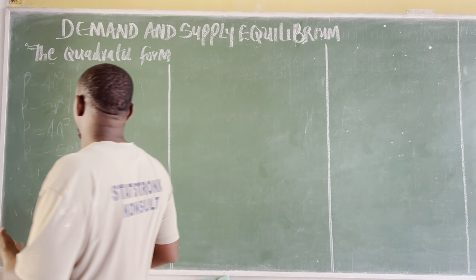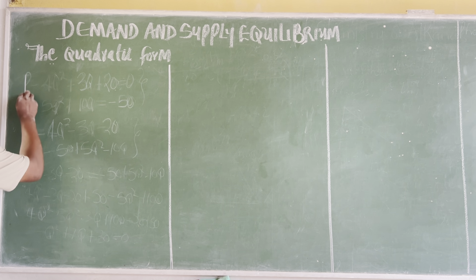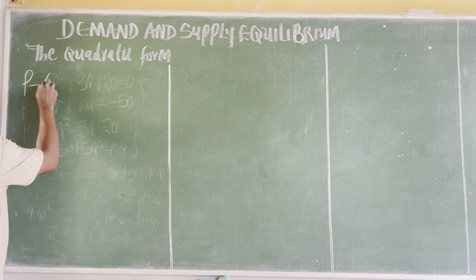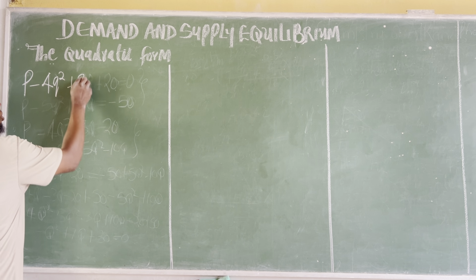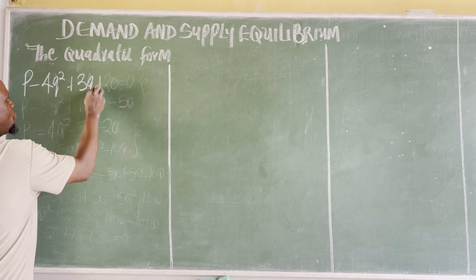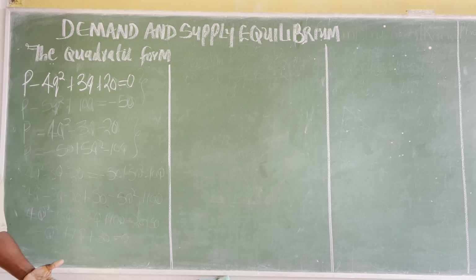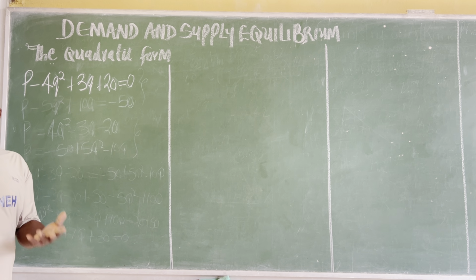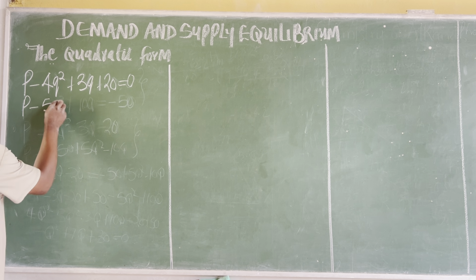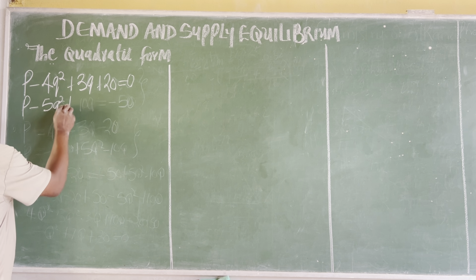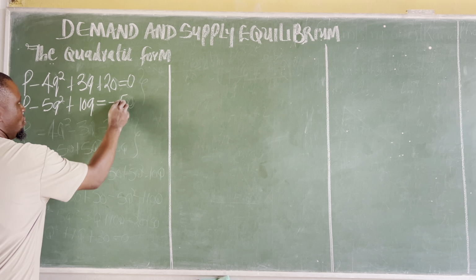If you're given, say, a demand equation that is P minus 4Q square plus 3Q plus 20 is equal to 0 as the demand equation, and you're also given the supply equation as P minus 5Q square plus 10Q is equal to minus 50.